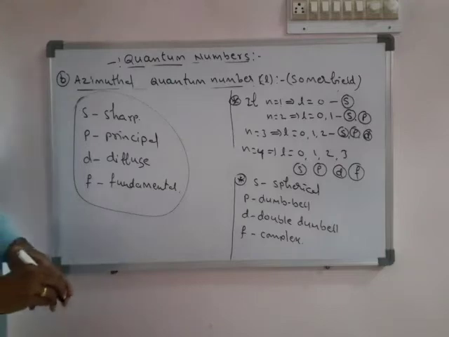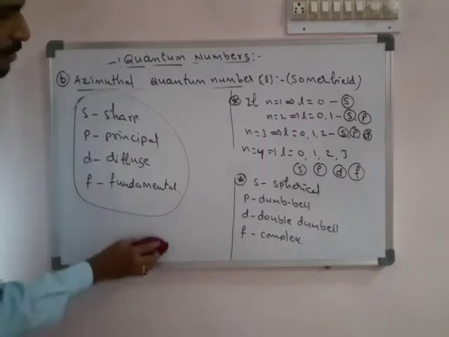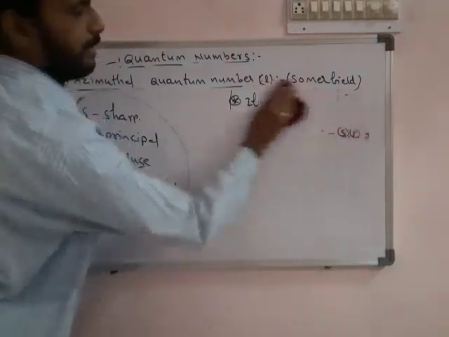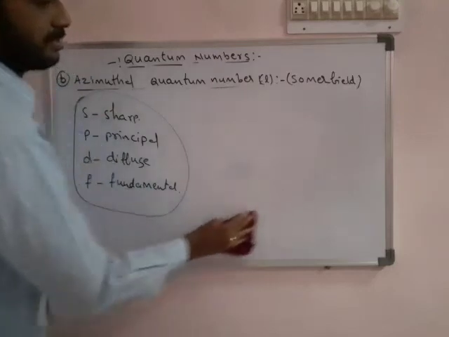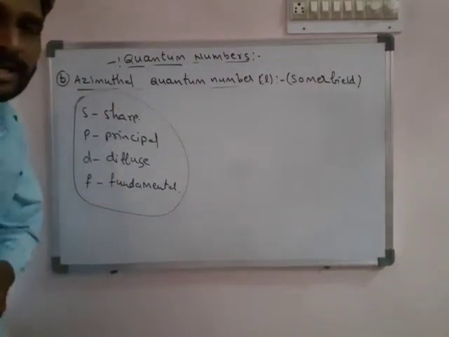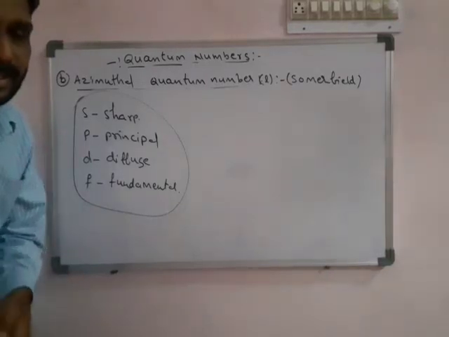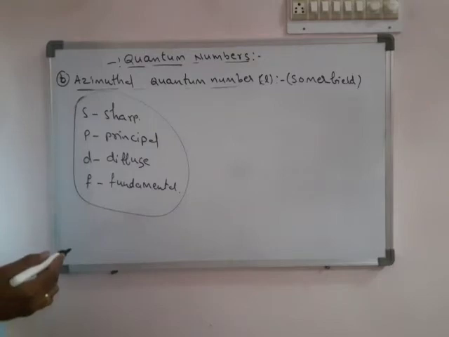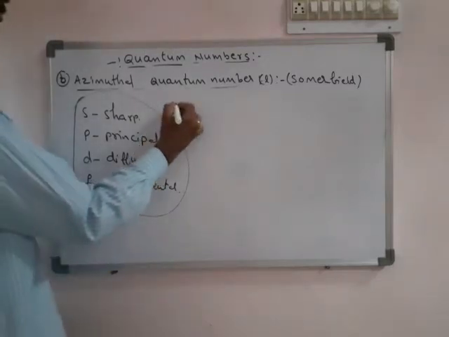Okay, so this is about the azimuthal quantum number. One very important point belonging to this quantum number is that, as we said at first, it is known as the orbital angular momentum quantum number or subsidiary quantum number. With the help of this we are able to calculate the orbital angular momentum.